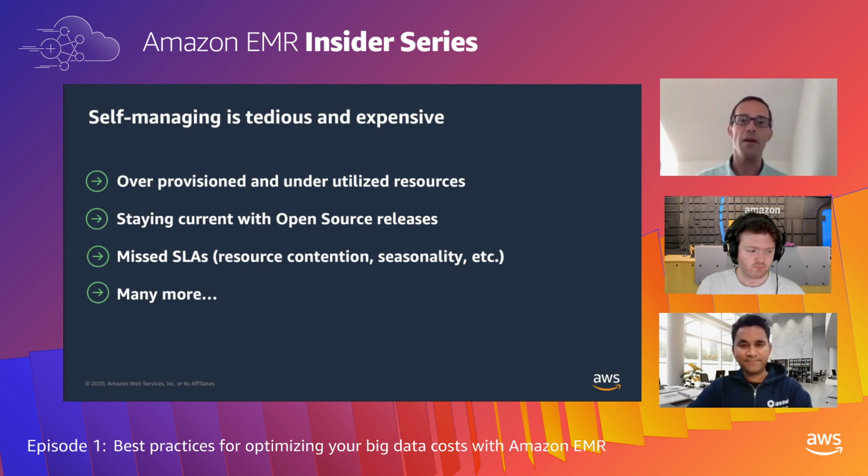But the three big areas where we see customers focus on those challenges are being over provisioned, but also underutilized. Kind of interesting, right? As you build out these clusters, you're looking at your maximum or your peak utilization, and you buy hardware and you configure your environment for that peak.